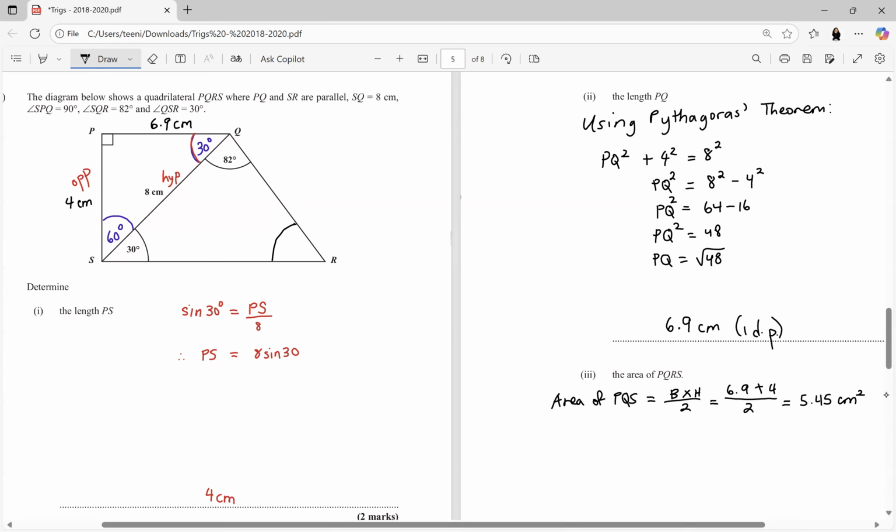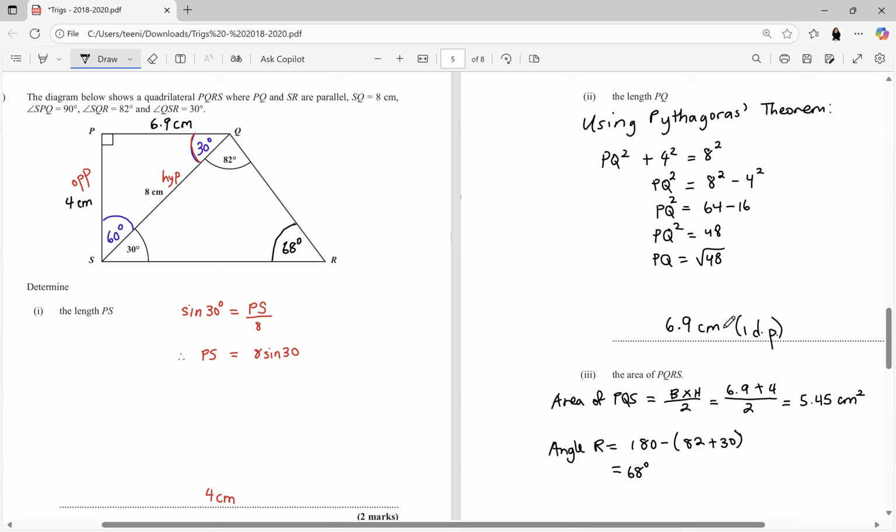So this angle will be 68 degrees. Because angle R, let me write it here, is equal to 180 take away the sum of 82 and 30, and that's equal to 68 degrees.